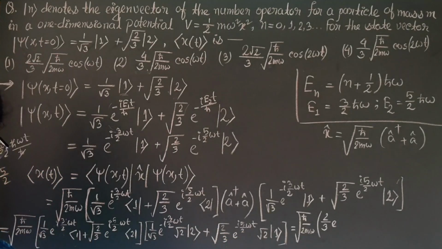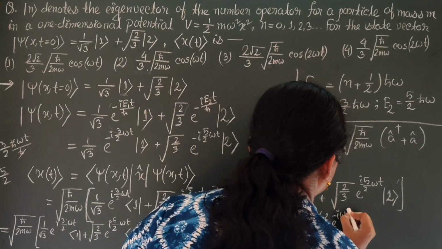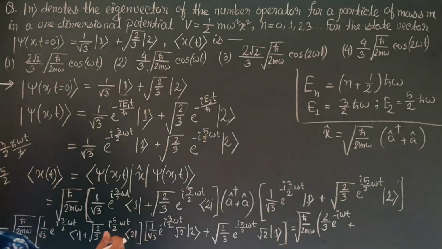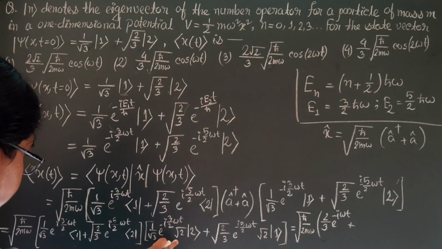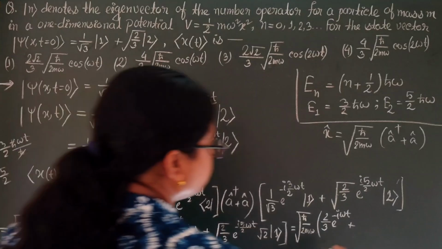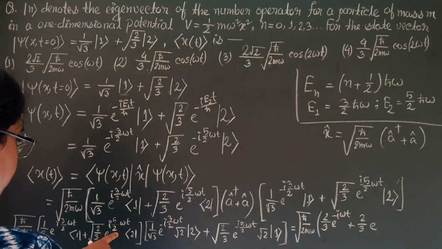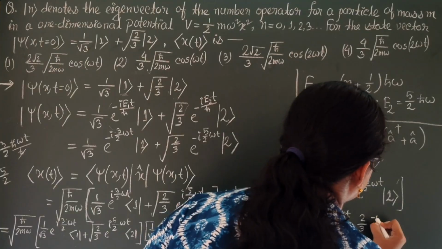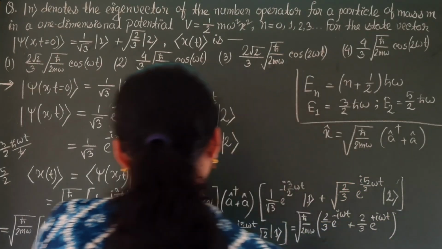So it will give e to the power minus i omega t, plus when this state acts on this, it will also give root 2 by 3 e to the power plus 5 by 2 minus 3 by 2. So it will give plus i omega t. Okay.